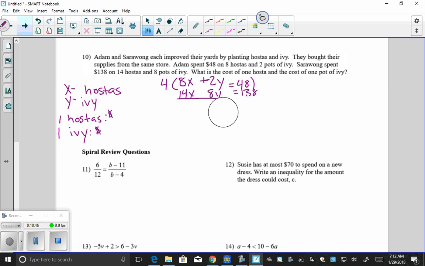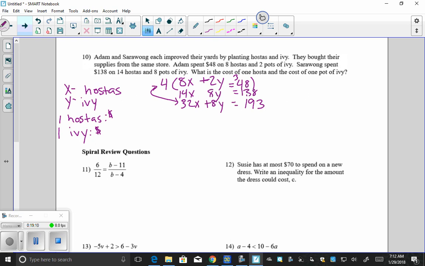I'm going to erase this line, and I'm just going to rewrite my top equation here. So 4 times 8 is 32x plus 8y, and that equals 139.